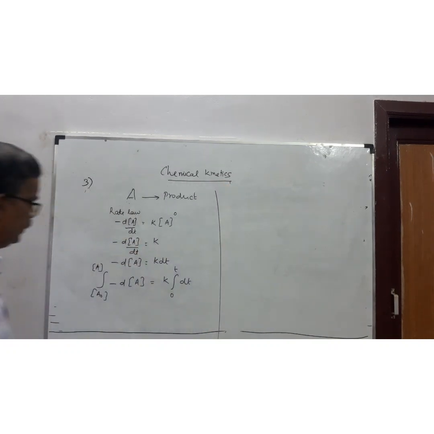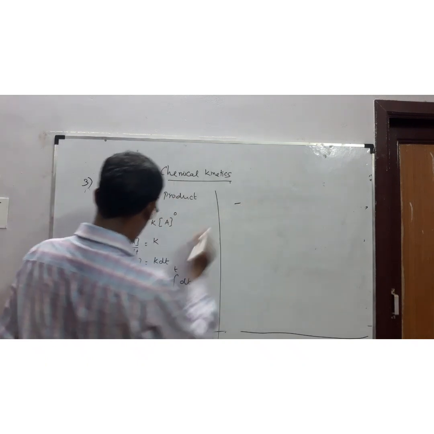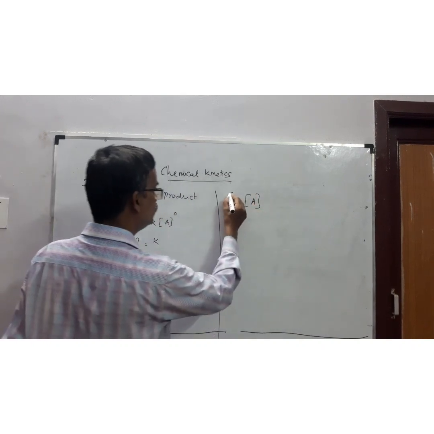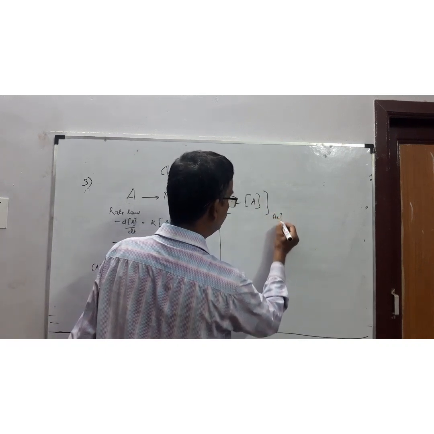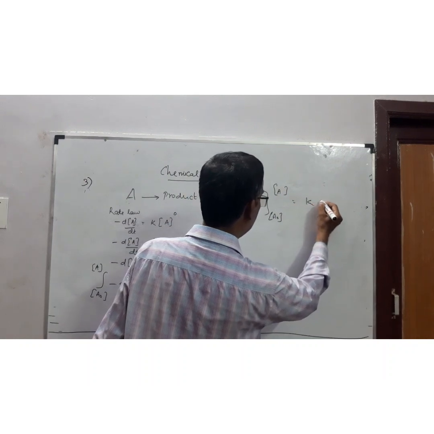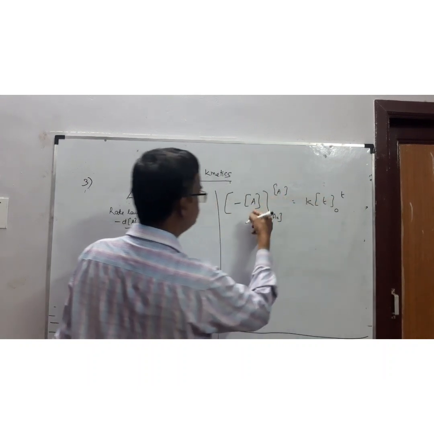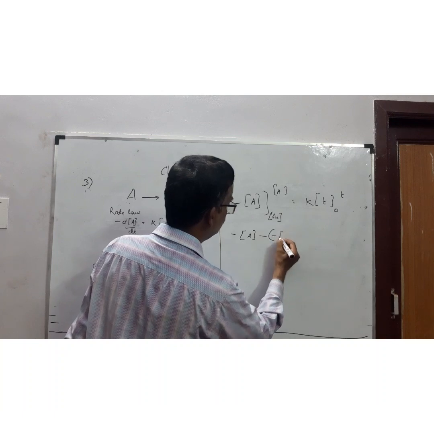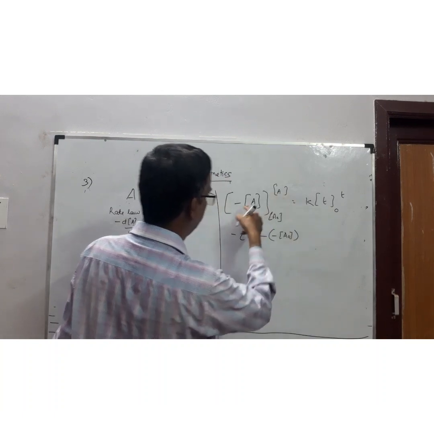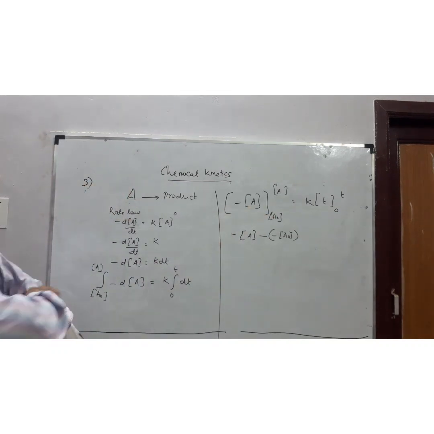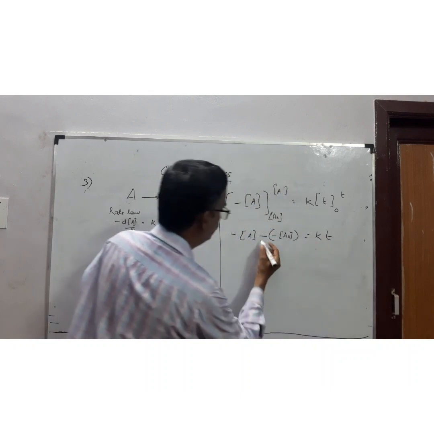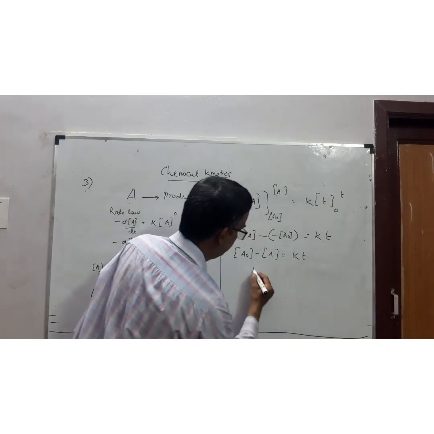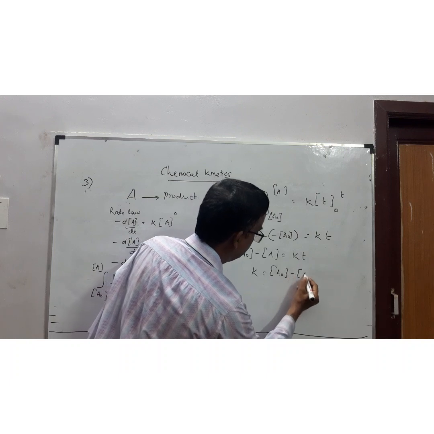Now integrating, minus dA gives minus A. Substitute the limits: minus A minus of minus A naught, equal to kt over the limits 0 to t. So A naught minus A equal to kt, or k equal to A naught minus A by t.